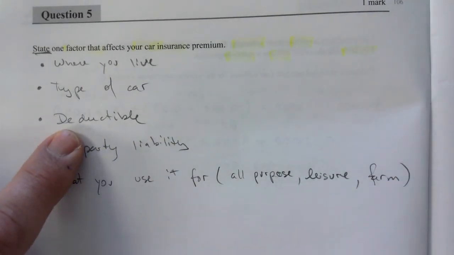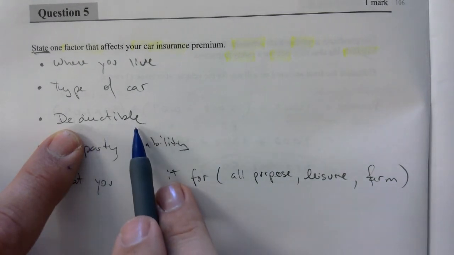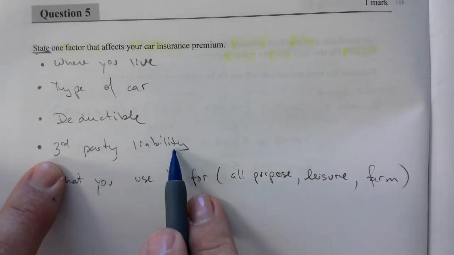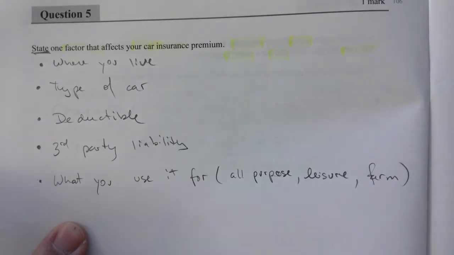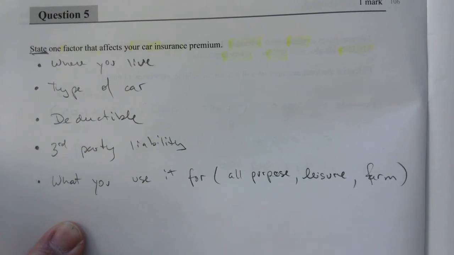The higher your deductible, the less likely you are to make a claim. You can decrease the third-party liability. You can opt out of loss of use, like, I don't want a loaner car if my car gets into a crash, or something like that.